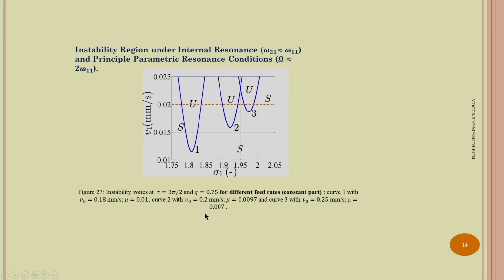So, here also in this third case we have more stable zone and the operator can operate it freely for a wide range of system parameters.